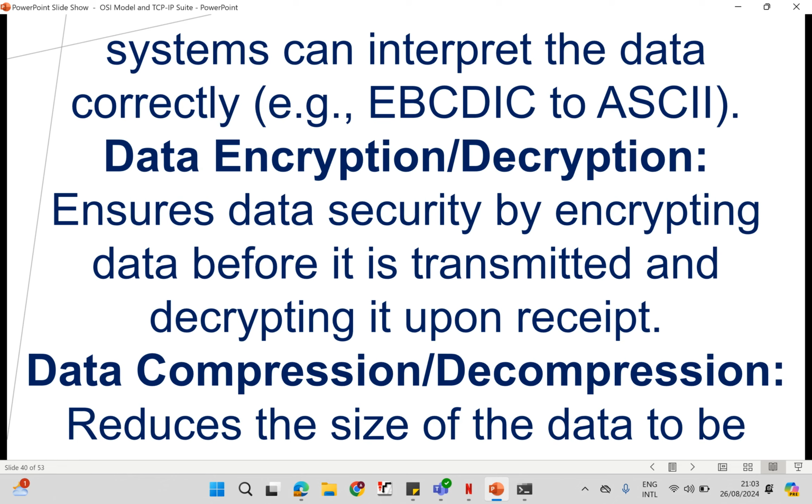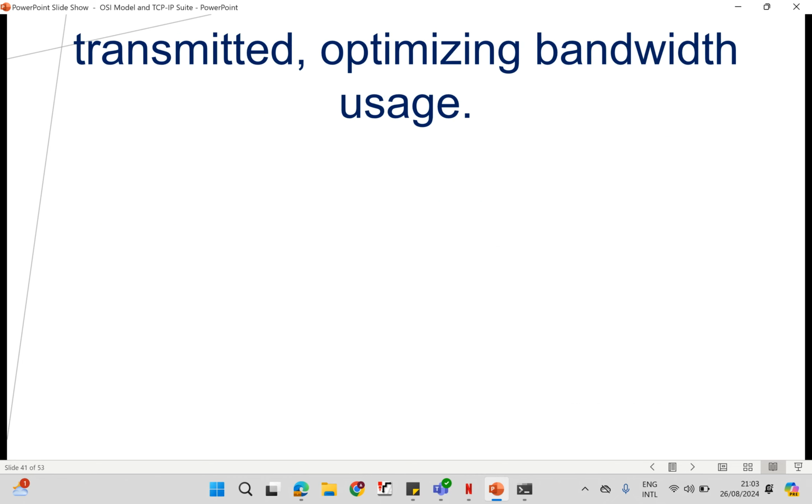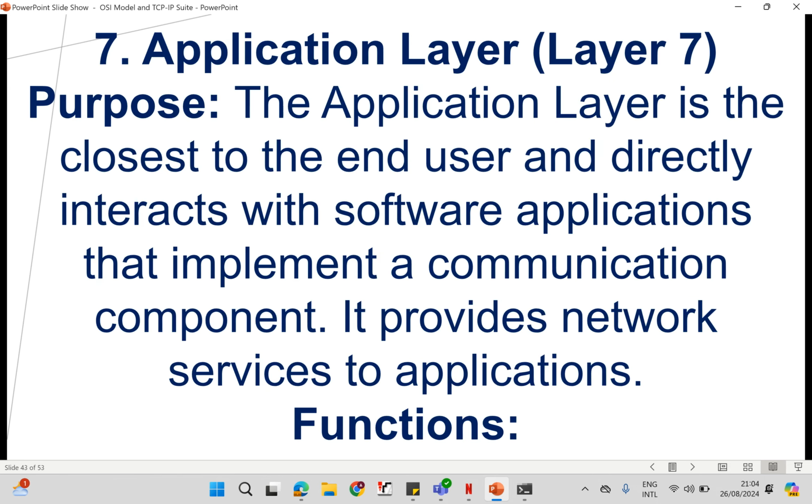Data compression and decompression reduces the size of the data to be transmitted, optimizing bandwidth usage. So it ensures that we use our bandwidth appropriately.